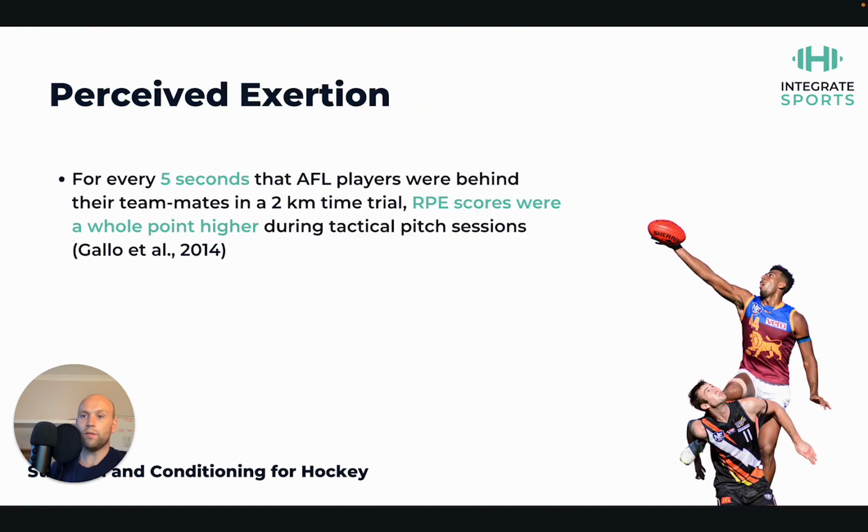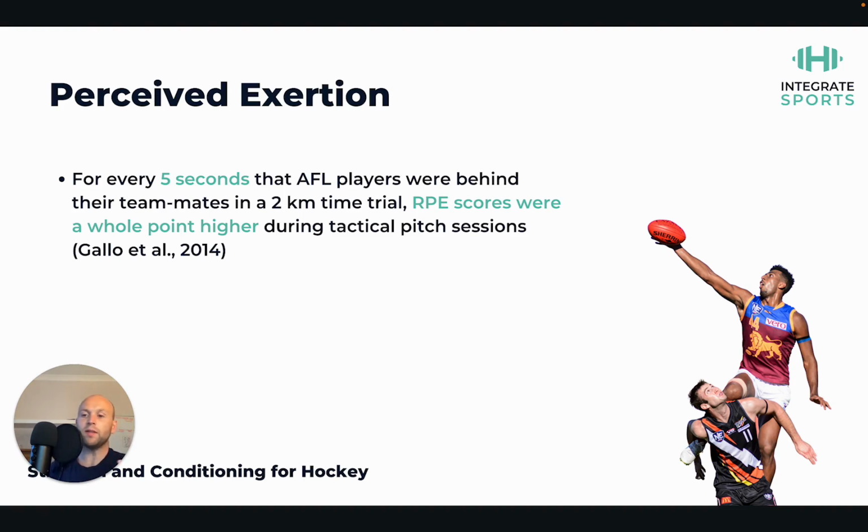In terms of perceived exertion, some research by Gallo et al. found that for every 5 seconds that an AFL player was behind a teammate in a 2 kilometre time trial, it added 1 RPE score to a tactical pitch session.